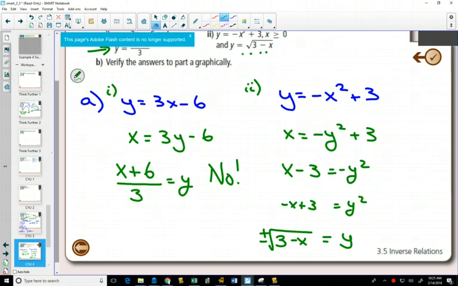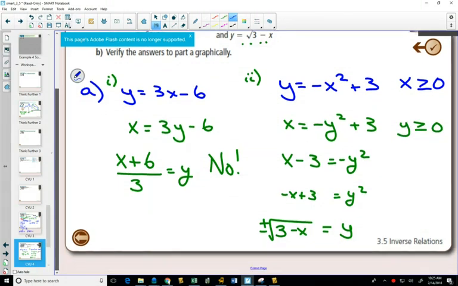Now, in my original equation, they gave us a restricted domain. X is bigger than or equal to 0. That means when I switch the x and the y, my y values have to be bigger than or equal to 0.